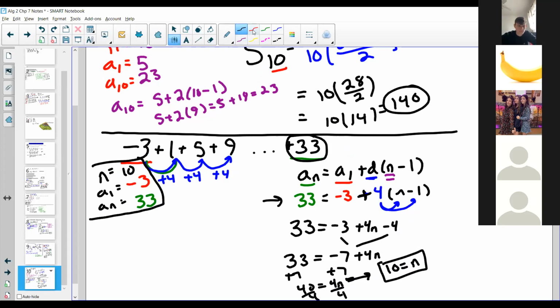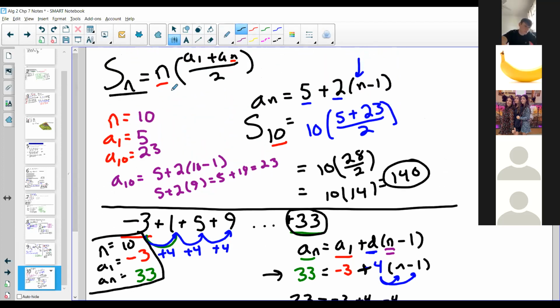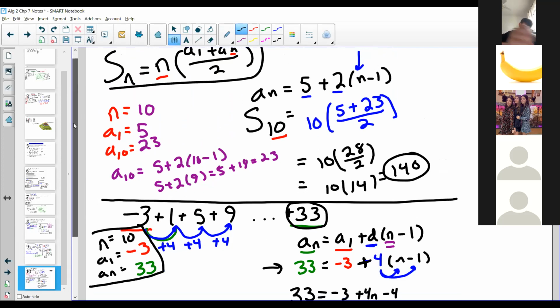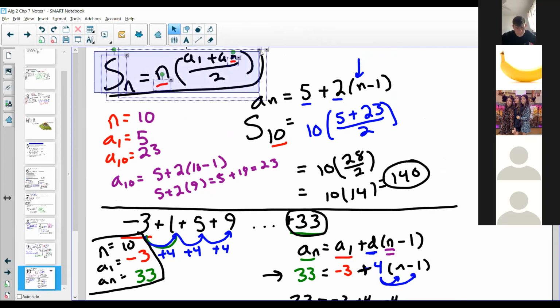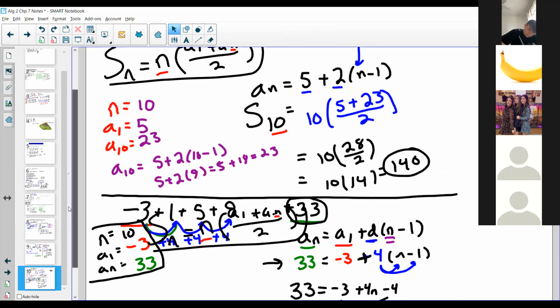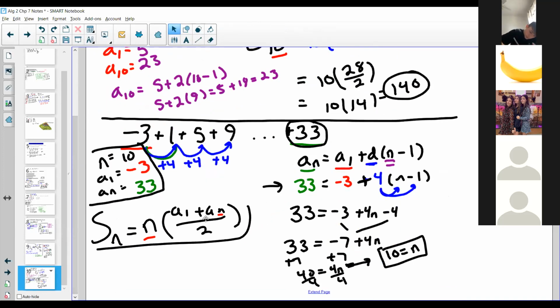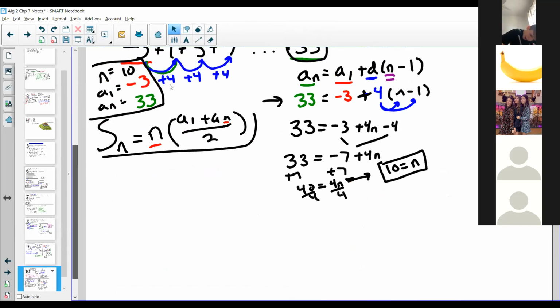Now, this is where I like to ironically say, now we could start the problem. Or we could use the equation that we need to use to find the sum. Sn equals n times a1 plus an over 2. Let me bring it down here. What is S? S doesn't matter. You just write S. It just means sum.